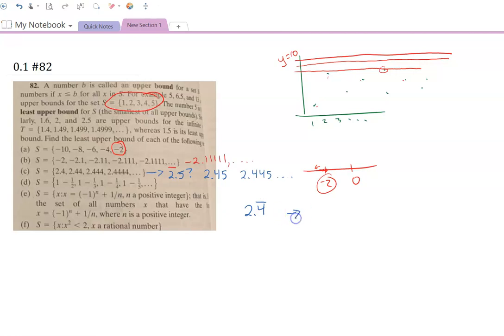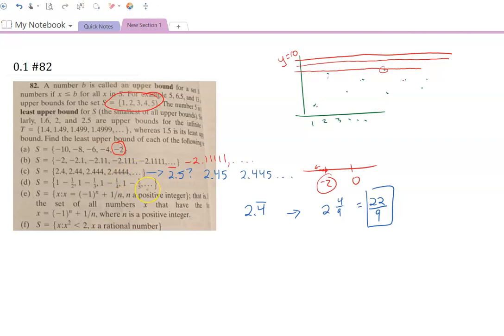Which, if we change that to a fraction, is going to be 2 and 4/9, which is 22/9. And I am going to post a separate video on shortcuts for converting between repeating decimals and fractions back and forth. So if you have a question on how I did that, I'll get to that in a different video. All right, so 22/9 is 2.4 repeating, and that is the highest number in set C, okay?